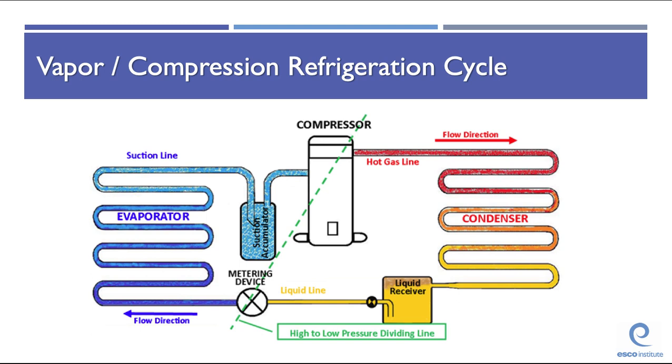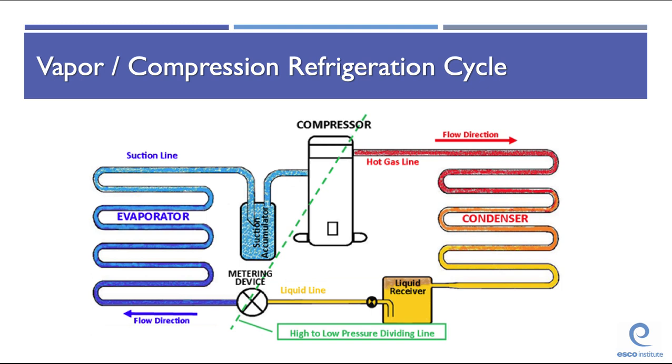As the refrigerant flows through the metering device, the liquid is reduced to a low pressure, causing a small percentage of the liquid to flash to a vapor, known as flash gas. This lowers the remaining refrigerant to its saturation temperature. The low pressure, low temperature refrigerant flows into the evaporator as a low temperature liquid.